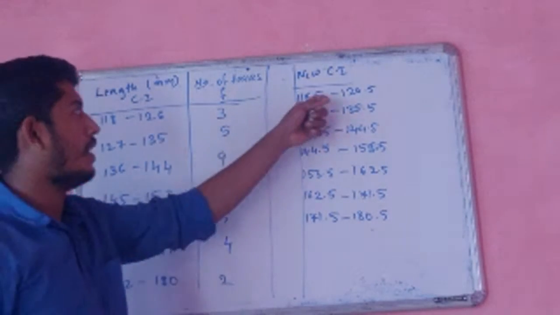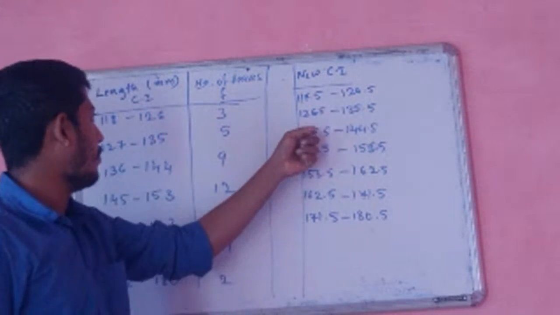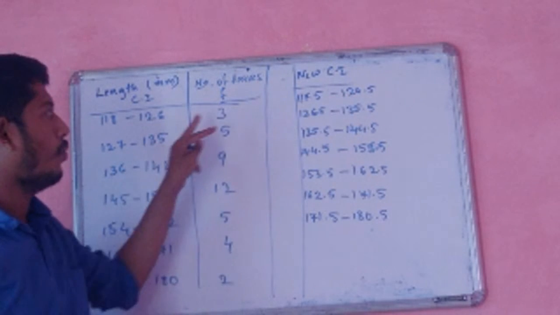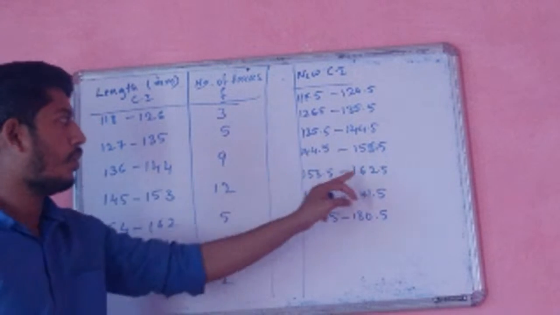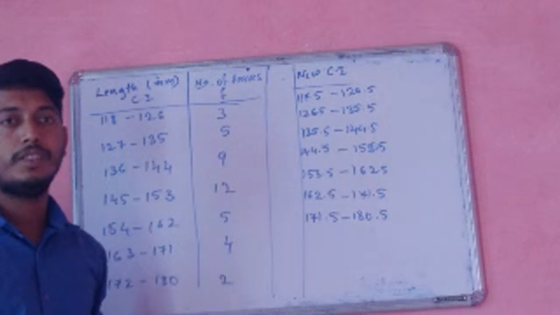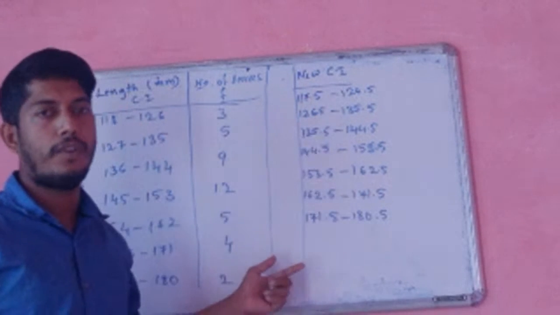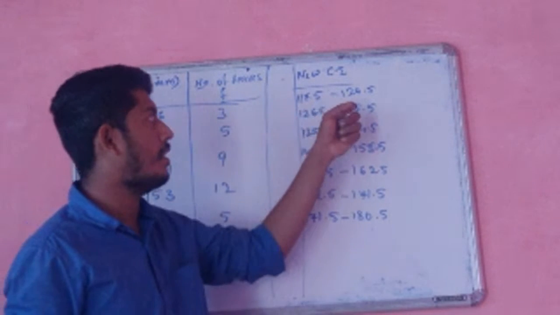See here, 126.5, 135.5, 144.5, 153.5, 162.5, 171.5, 180.5. We added 0.5 to the upper limit and subtracted 0.5 from the lower. Now this class interval becomes continuous. Why is it continuous here?